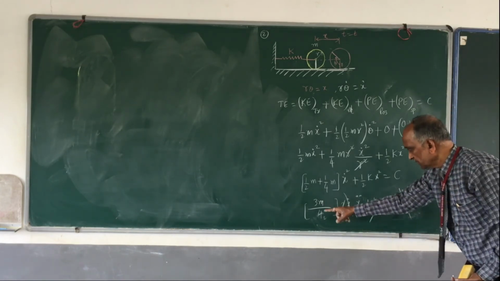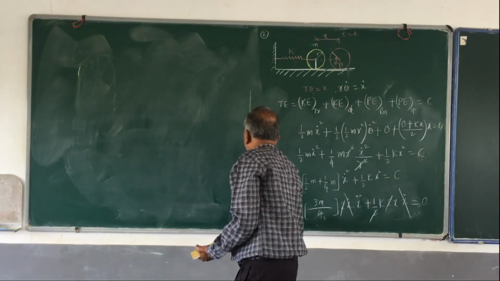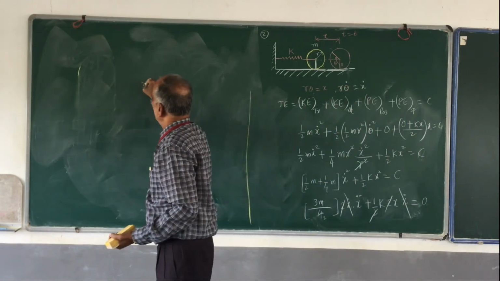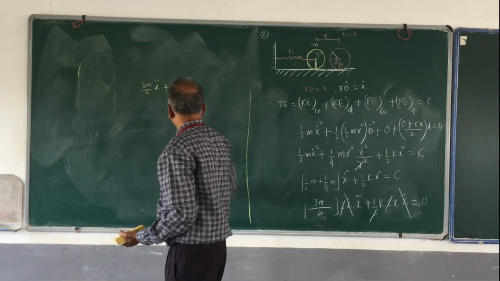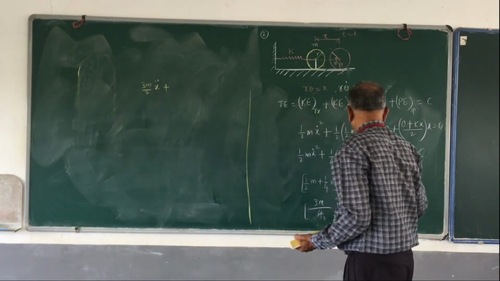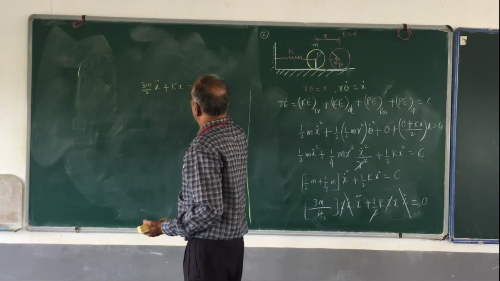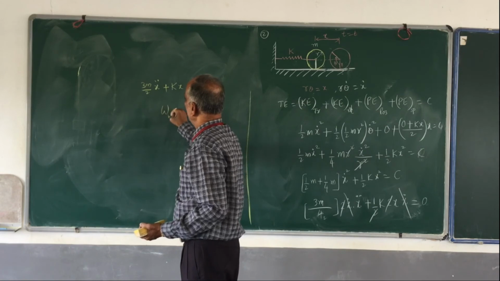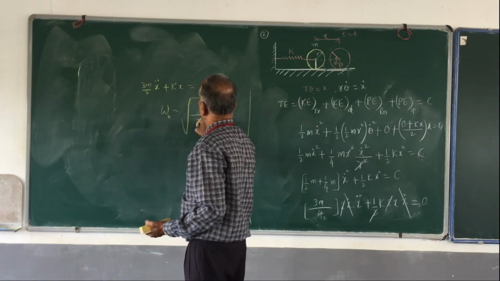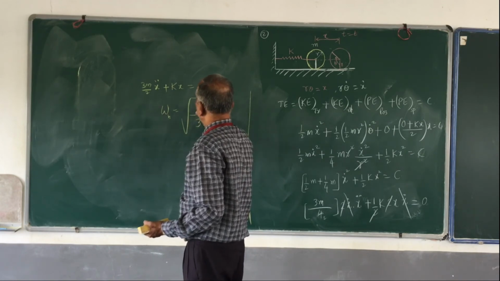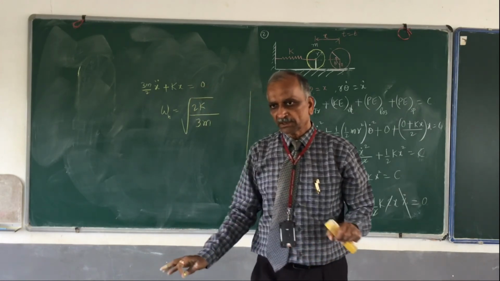What is remaining? 3m by 2 x double dot. I shall continue here: 3m by 2 x double dot plus k into x is equal to 0. So therefore, omega n is equal to root of k divided by 3m by 2. Right, so this is the expression for natural frequency.